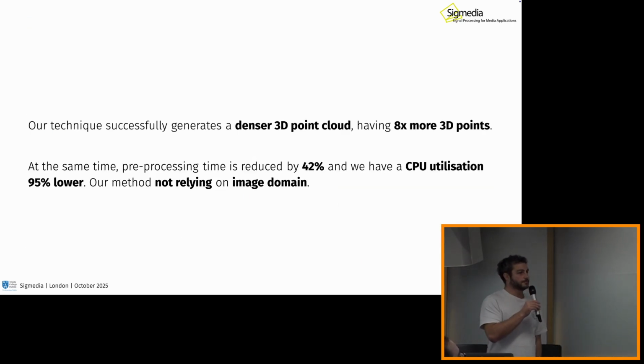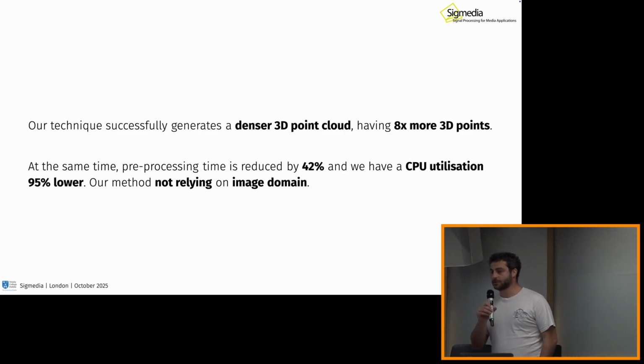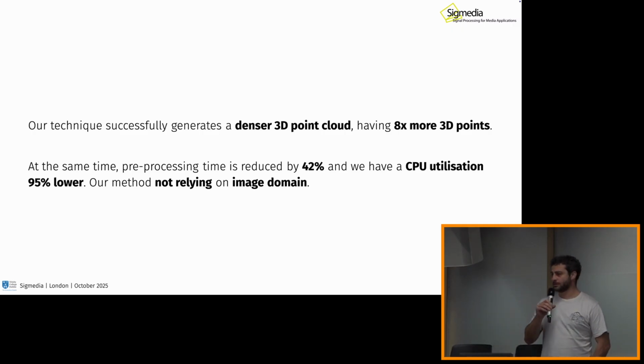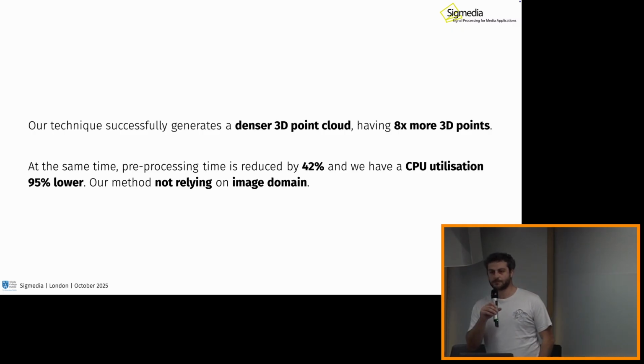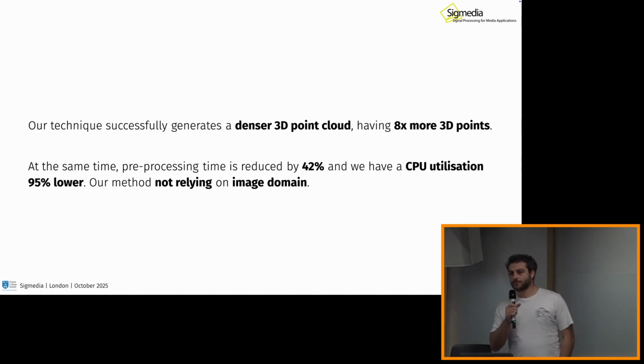So to give just a few numbers, not too much, we have more or less 8 times more 3D points than any other solution, than SIFT plus exhaustive matching, because it was the real ground comparison we wanted to achieve.